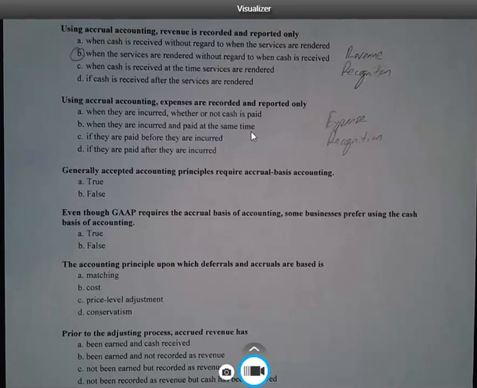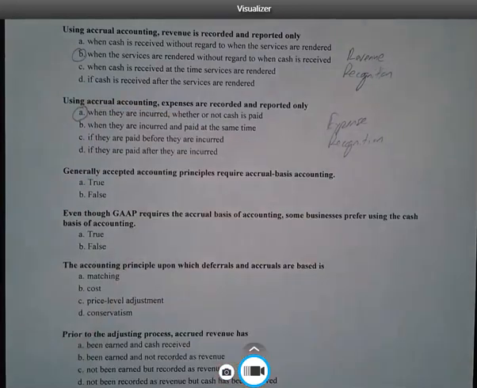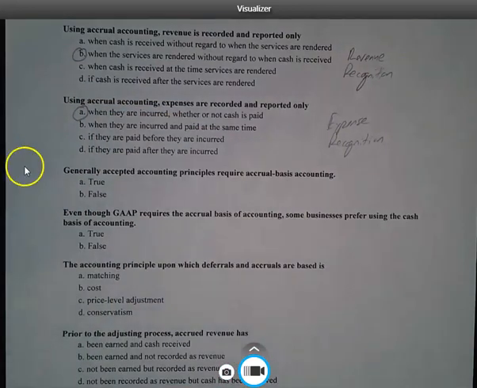So that's kind of a silly answer too. Looking up here at A, it says when they are incurred, whether or not cash is paid. So when we incur the obligation to pay, that's when we record the expense under accrual-based accounting. So letter choice A is the correct answer.